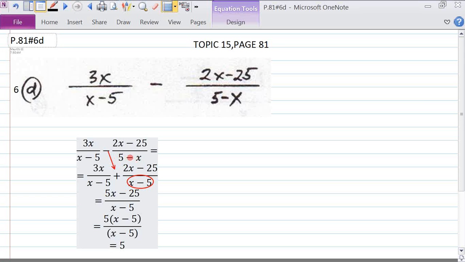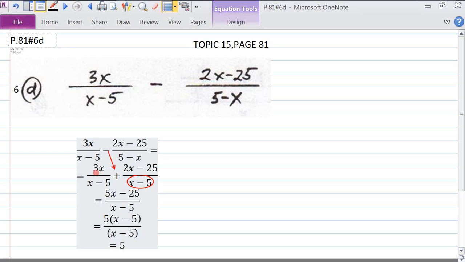If there's a minus between these two, we can interchange them and then put a plus here, and that's what I've done here. So this x goes over here, this 5 goes over here. The sign stays the same, but this sign becomes positive. And as I've said, we've discussed this several times in the problems before and in examples.